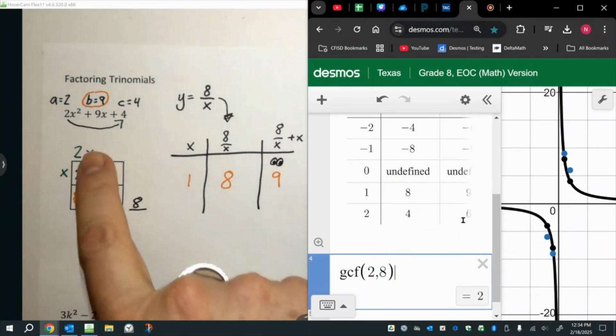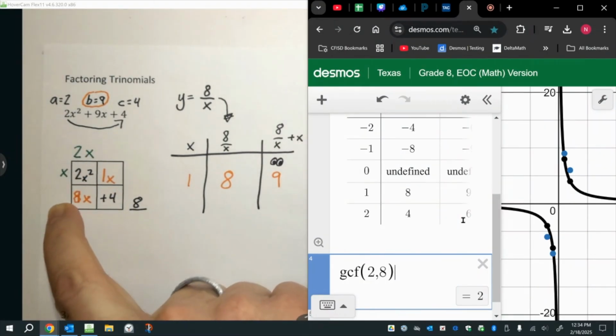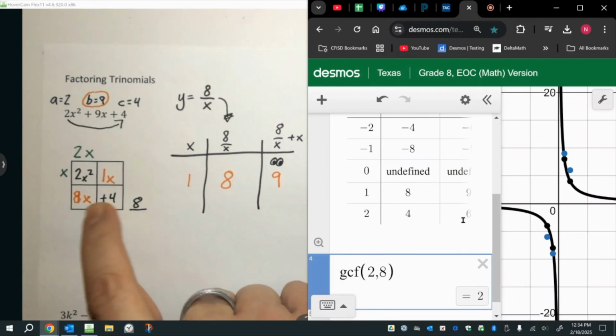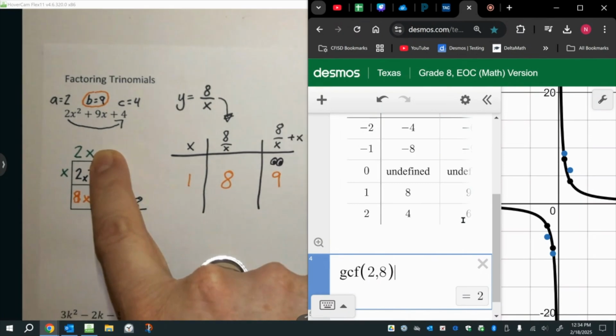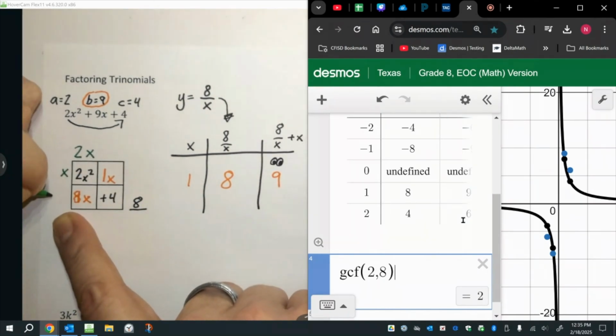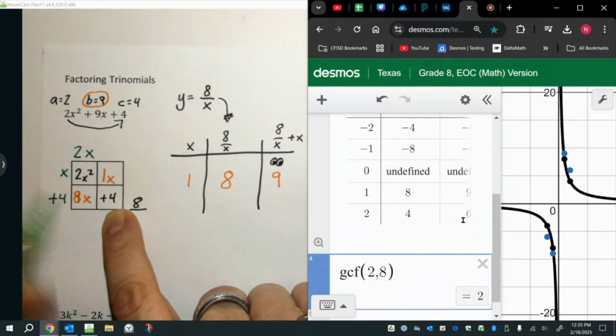Think about this. If this is 2x and that's 8x, what does this have to be? 2 times what gives me 8? Or you can look at it like this, 4 and 8. What would have to go here? Well, 2x, and if I multiply this with 4, that would give me 8x. 4 times what would give me 4?